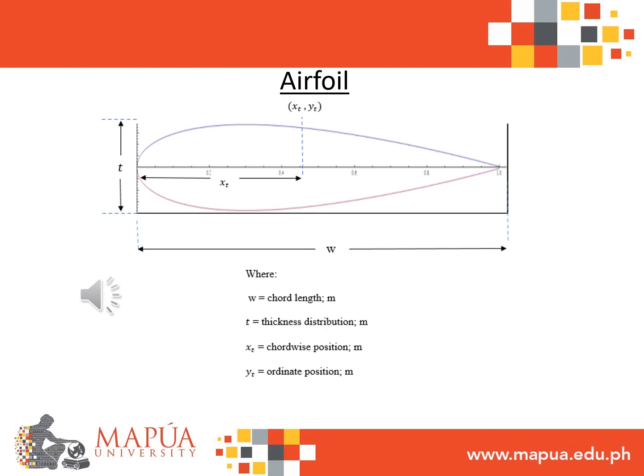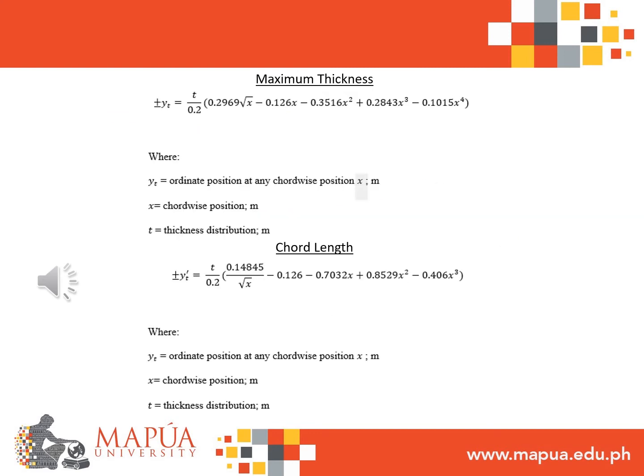As you can see in the figure, these are the geometric parameters of an airfoil: the chord length, thickness distribution, chordwise position, and ordinate position. In order to determine these geometric parameters, a unified technique is used in determining the thickness distribution for the airfoils.